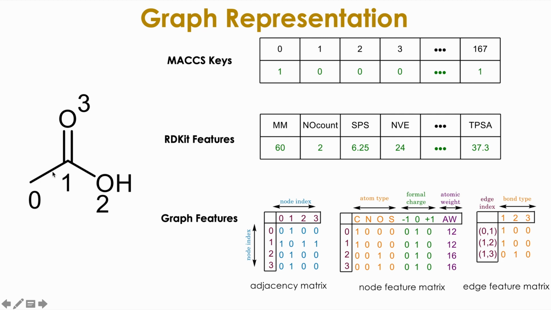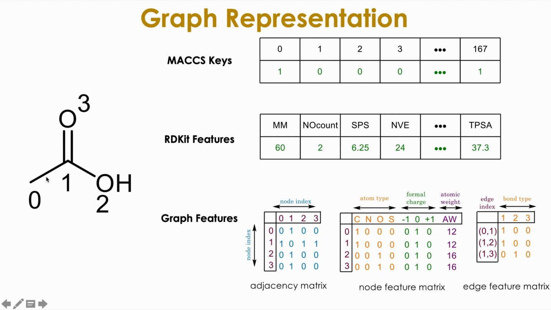Now apart from nodes, we also have edge attributes, or edge features, or properties of the bonds. And again, if we think about the bond properties, it could be a single bond, double bond, or triple bond, and that's what we have over here. We have a bond type, and we are going to one hot encode these based on the bond type, whether the bond is single, double, or triple. If the bond is single, we will have a value of 1, and that's what we have between 0 and 1 and 1 and 2.